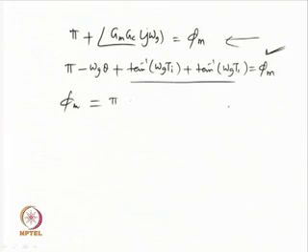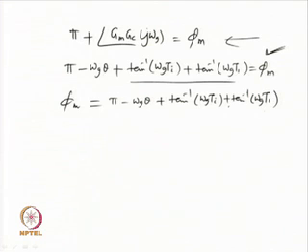Phi m is equal to pi minus omega g theta plus tan inverse omega g Ti plus tan inverse omega g T1. Now, differentiate phi m with respect to the gain crossover frequency and equate that to 0.